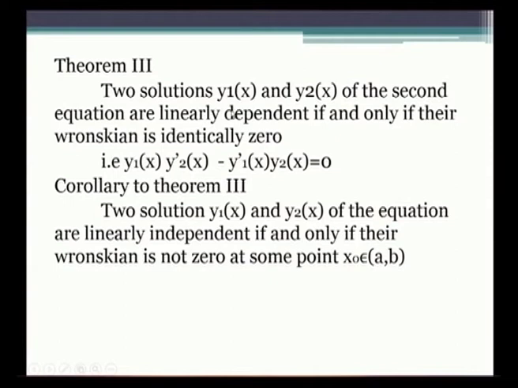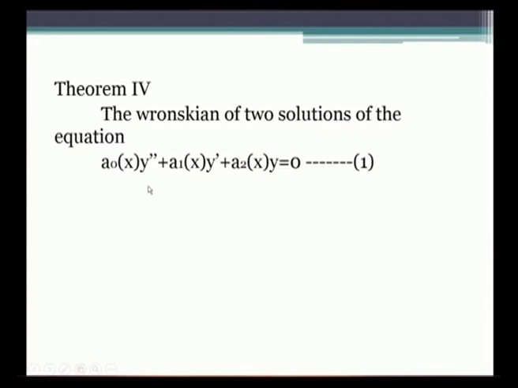For linear dependence of two solutions, the value of the Wronskian must be 0. In the corollary to Theorem 3, two solutions of the equation are linearly independent if and only if their Wronskian is not equal to 0 at some point x naught, where x naught should lie in the interval a and b. Next, Theorem 4.